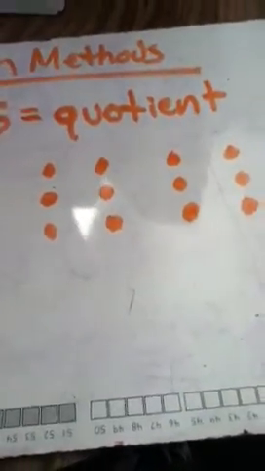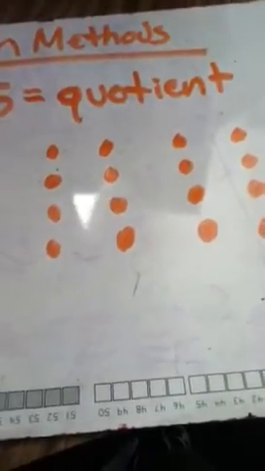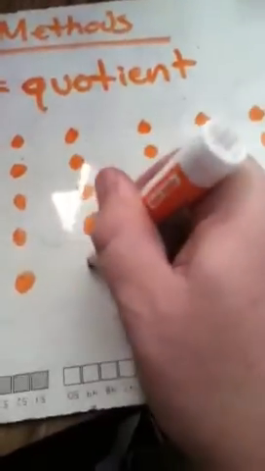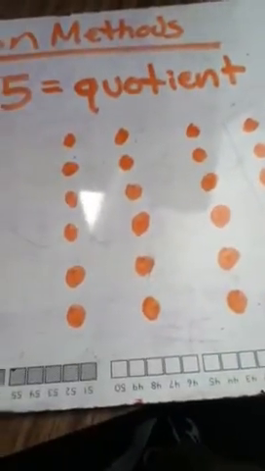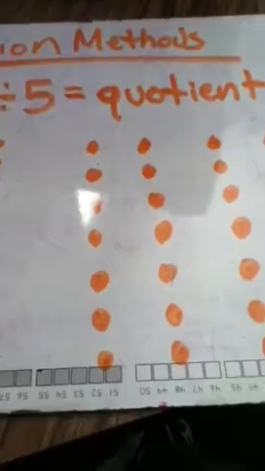One of the easiest ways to do it is to simply count up to 30 and keep adding to my groups. So I'm going to go 1, 2, 3, 4, 5, 6, 7, 8, 9, 10, 11, 12, 13, 14, 15, 16, 17, 18, 19, 20, 21, 22, 23, 24, 25, 26, 27, 28, 29, 30.